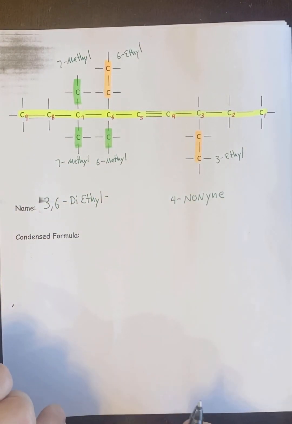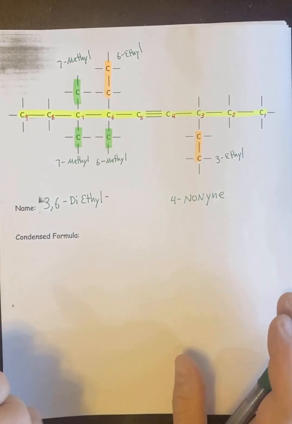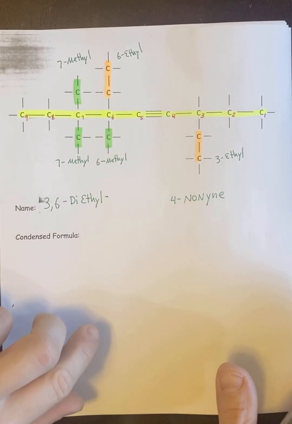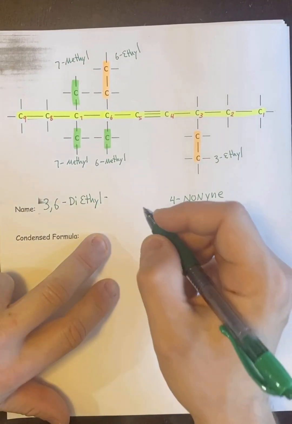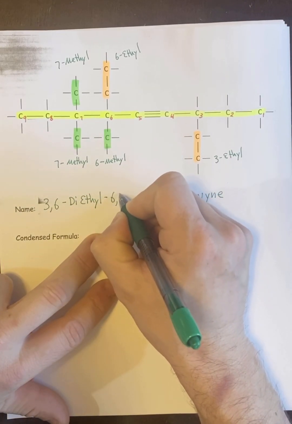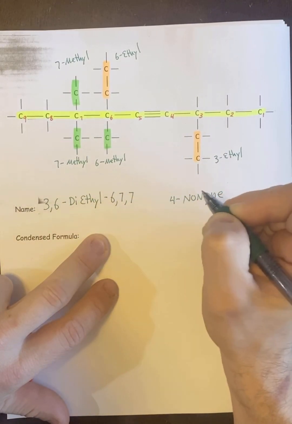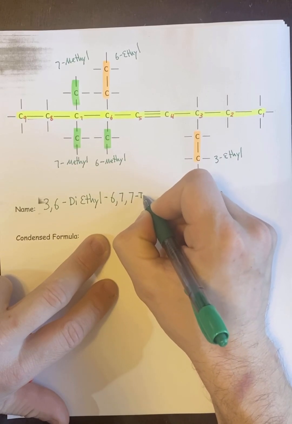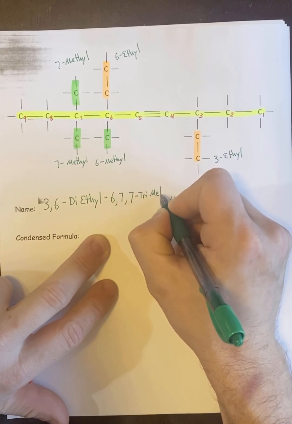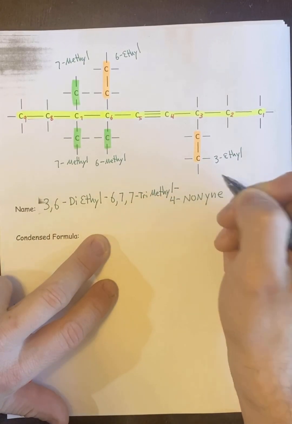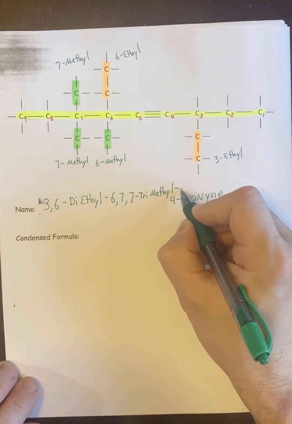Notice I'm using dashes to separate letters and numbers, commas to separate numbers from other numbers. And then for the methyls, it's going to be 6,7,7-trimethyl, and then it would be 4-non-ine.